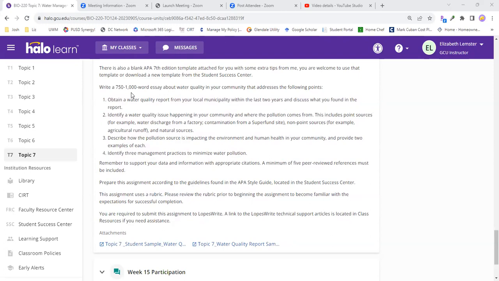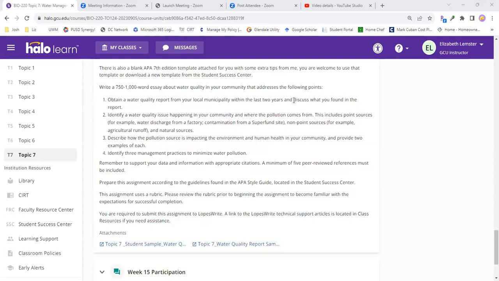So for example, here what I would Google is 2022 Phoenix water quality report, and I would use the City of Phoenix water quality to find that actual report. So you may have to get creative in how you phrase that, and you can certainly let me know if you're having any problems finding a water quality report in your area.